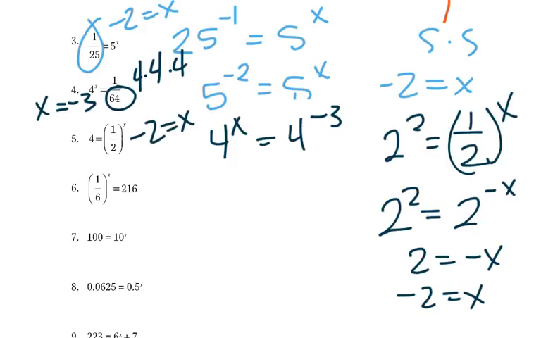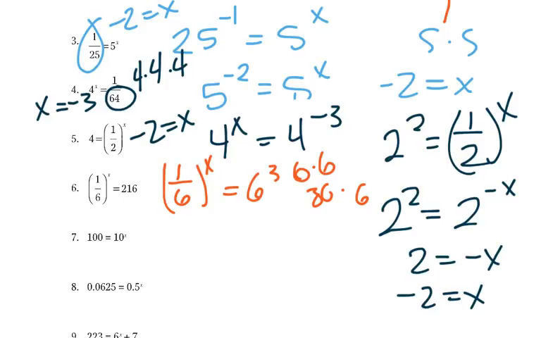Okay, number 6, it's kind of the same idea. 216 is 6 to the 4th. 6 times 6 is 36, times 6 is actually, nope, it's to the 3rd. So you have 1 over 6 to the x equals 6 to the 3rd.